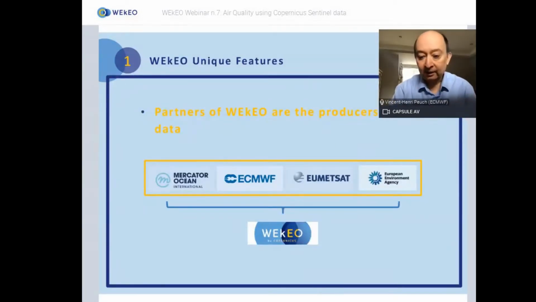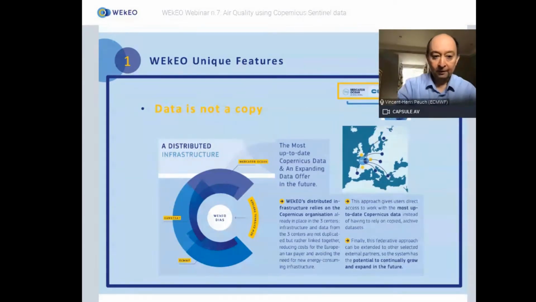So let me articulate, to finish this introduction, the unique features of WEkEO. So the partners of WEkEO are the producers of the data, so it's a first-hand contact to the data producer.